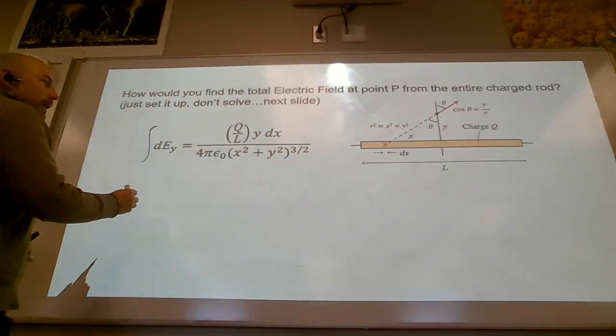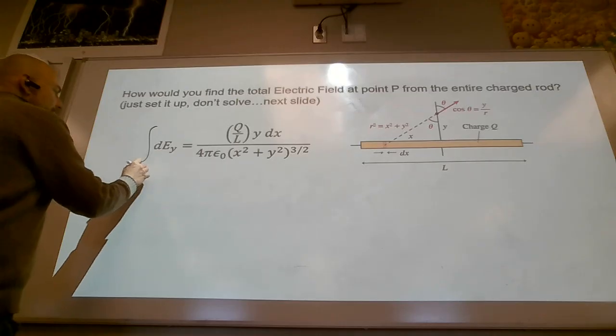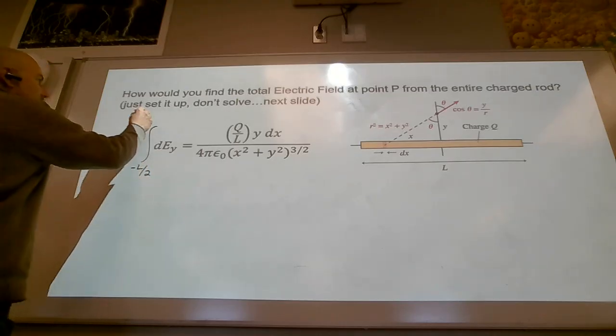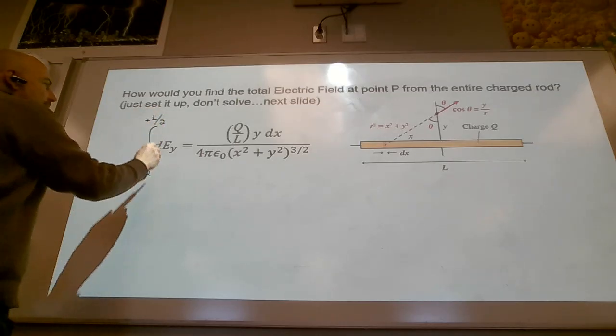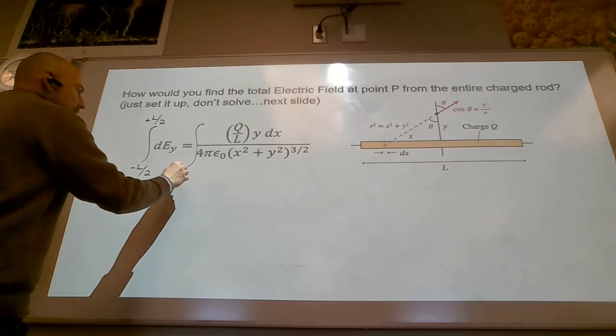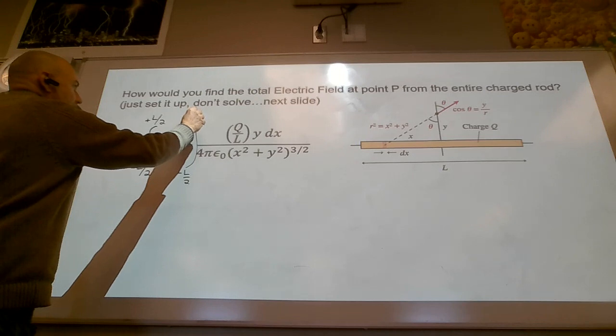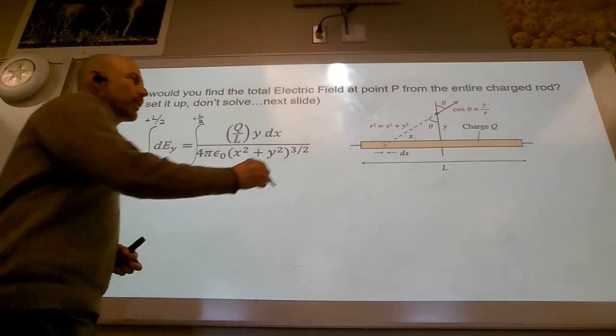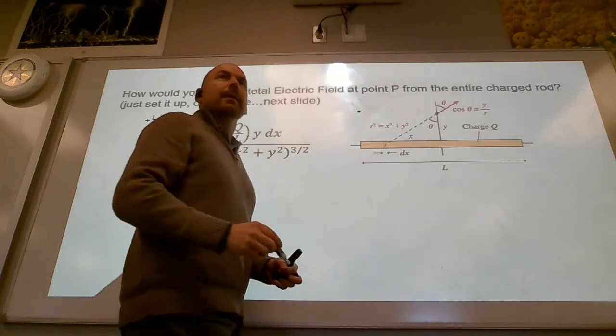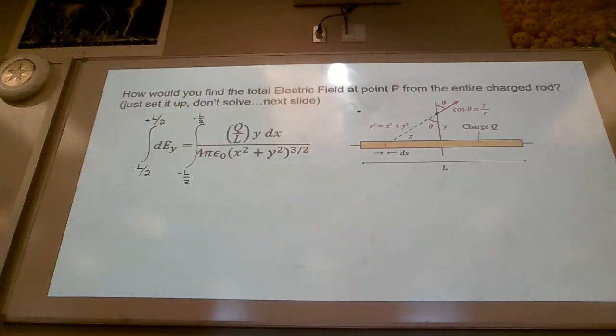We're going to integrate starting at negative L over 2 to positive L over 2. Not from 0 to L. If we were looking at this point, then we could go from 0 to L. Does that make sense? Charlie?